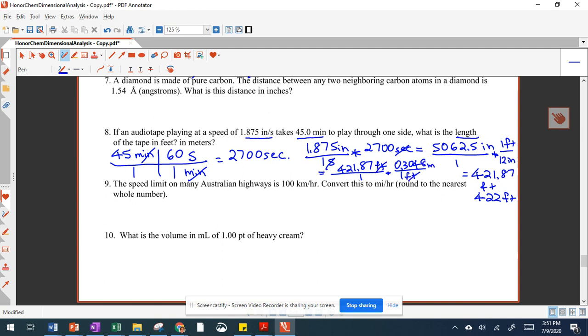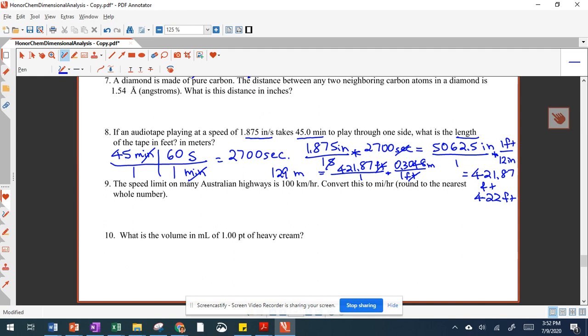Feet cancel out, and this is going to give us 128.6. Again, we'll do it to 3 significant figures. It'll give us 129 meters. And those are our 2 answers.